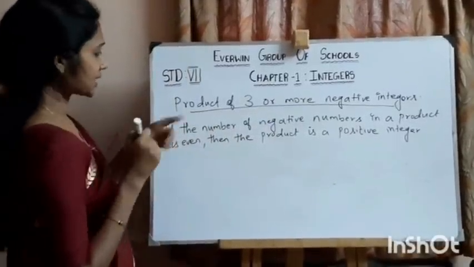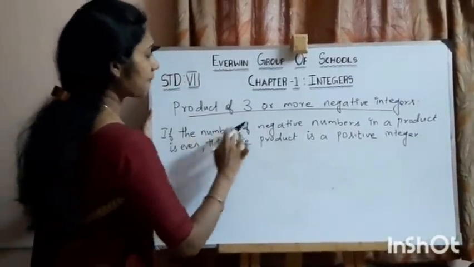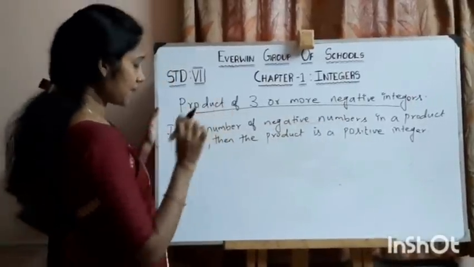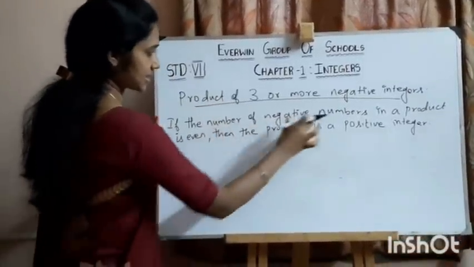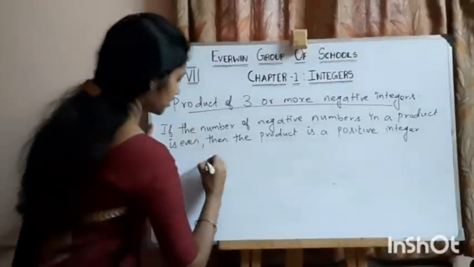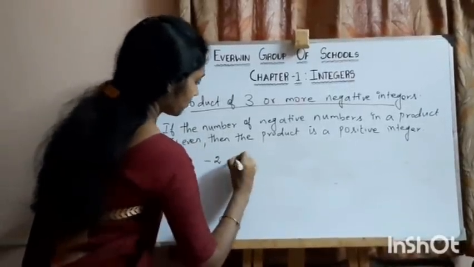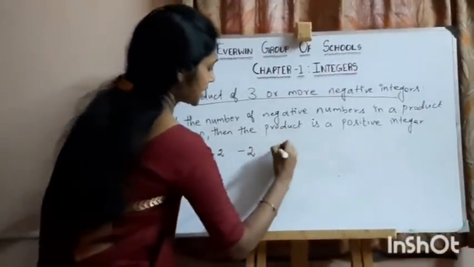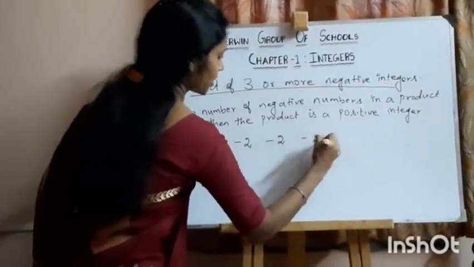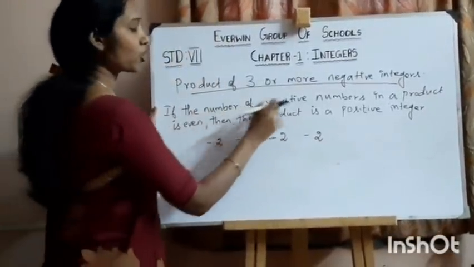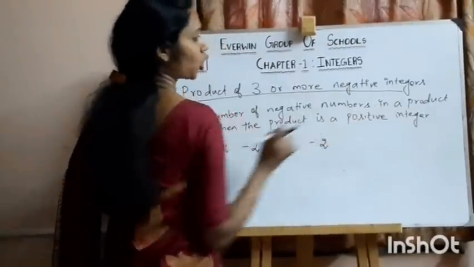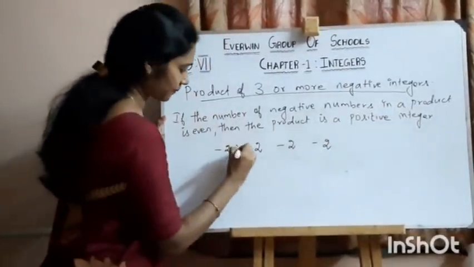What does this mean? Consider negative numbers: minus 2, minus 2, minus 2, minus 2.